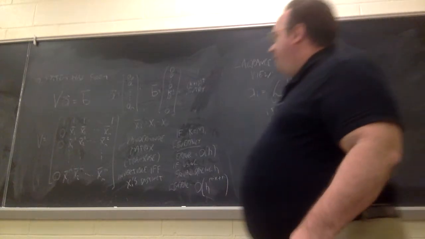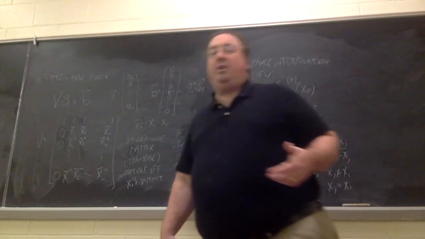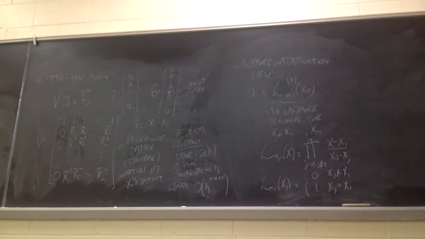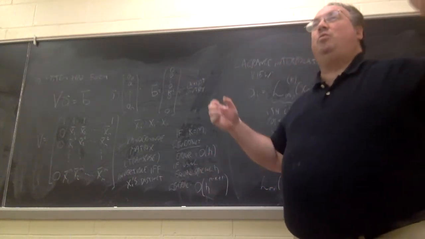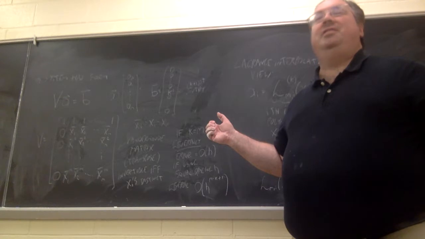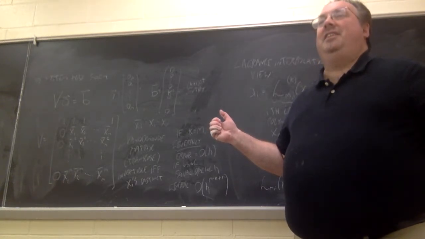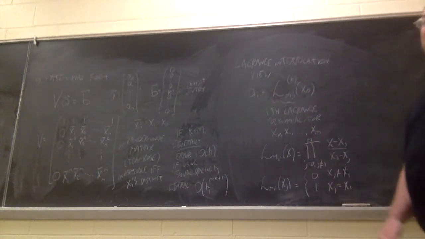To solve a system of equations, so it's an m plus 1 by m plus 1 system of equations. So let's see if anyone remembers their numerical linear algebra. If I have an n by n system of equations, that takes order n to the what operations to solve? Is it n to the first, squared, third, fourth? I'm gonna go first.